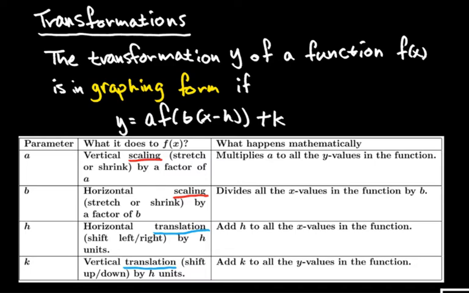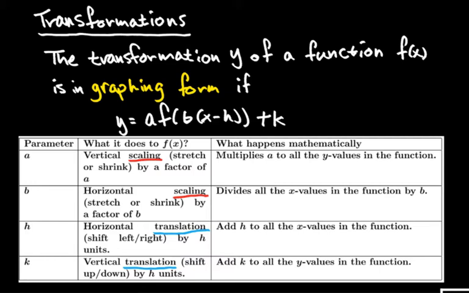So therefore, the b value is going to do a horizontal scaling, so stretch or shrink, by a factor of b. And then h and k, they just move the thing left, right, up, or down. H is inside, again affecting the inputs, so horizontal translation. K is a vertical translation.